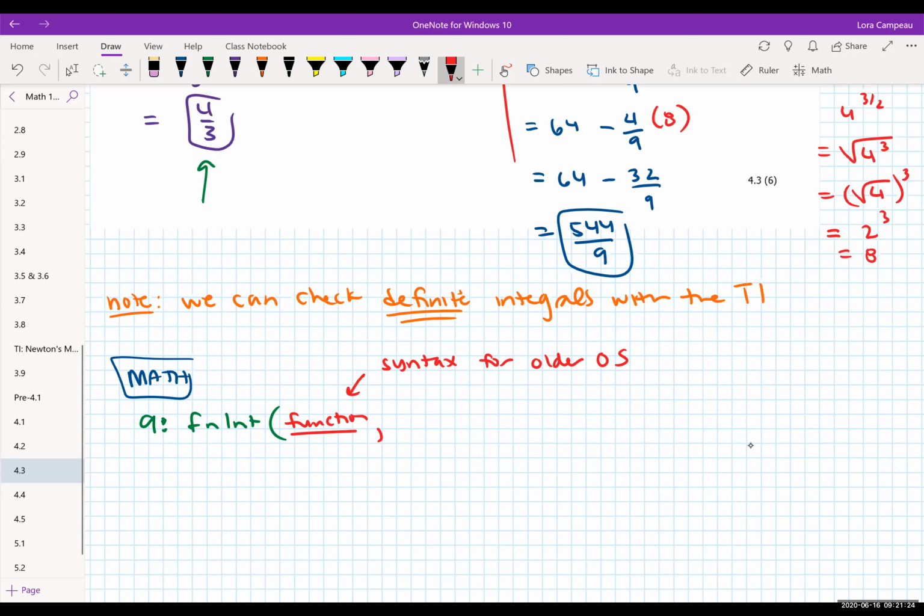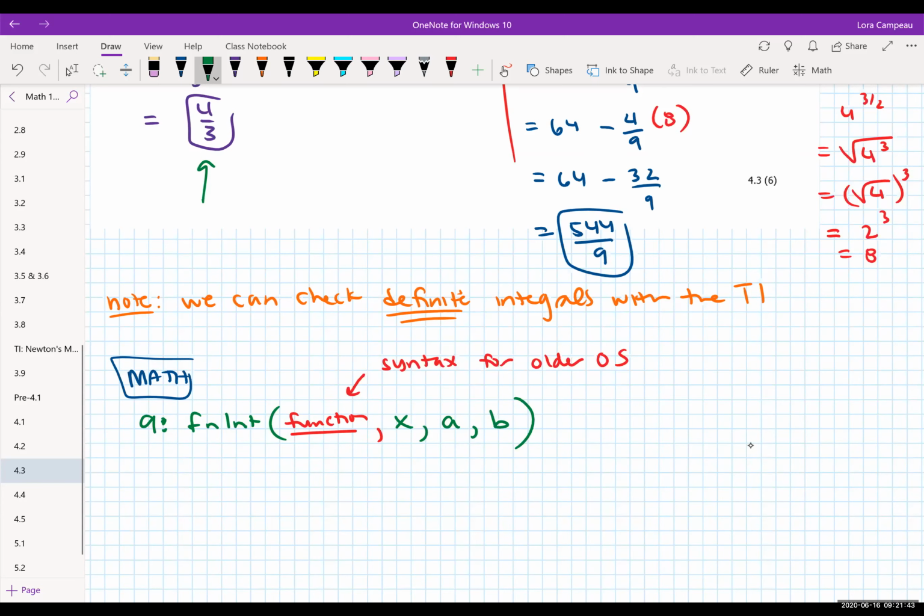You always tell it with respect to what variable. That's the x, according to us. And then you always have your upper and lower limits of integration, excuse me. So that would be lower limit A, upper limit B, and then you close the parenthesis.